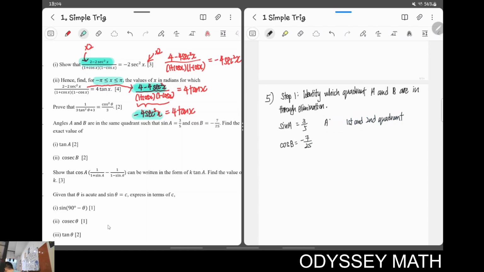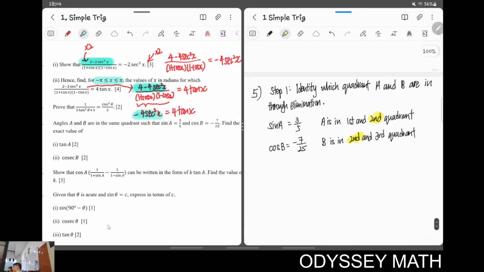Cosine B is negative, so it will be in the second and third quadrant. And then the question tells you that A and B are in the same quadrant, right? So by elimination, you can realize that A and B are both in the second quadrant.